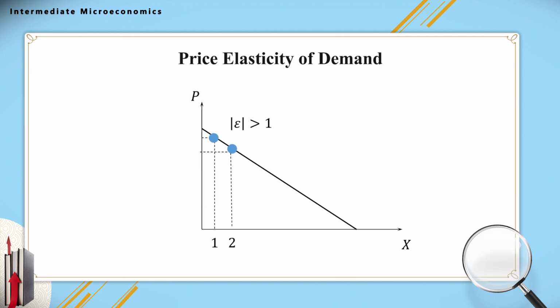But on the lower right of the curve, the demand is already of a large amount, so 1 unit of increase in demand is insignificant. For example, the demand rises from 100 to 101. It's a negligible change.